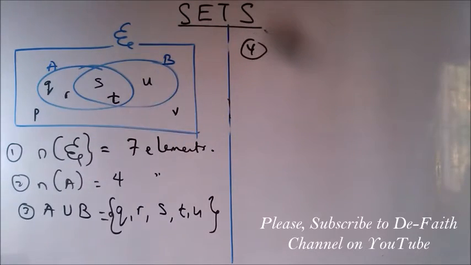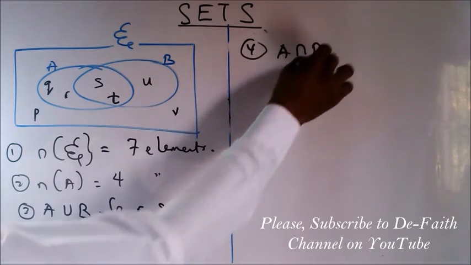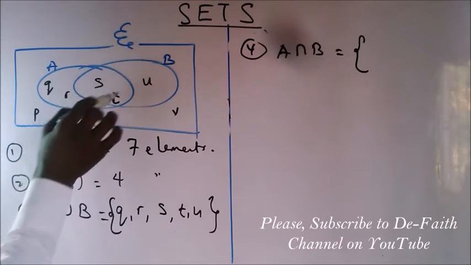And lastly, we have to find all the elements in A intersection B. A intersection B is this middle.